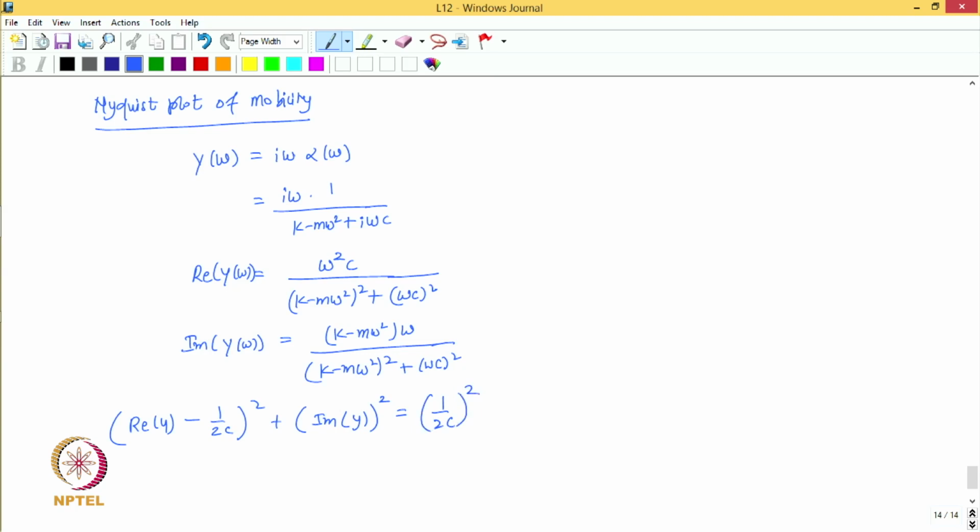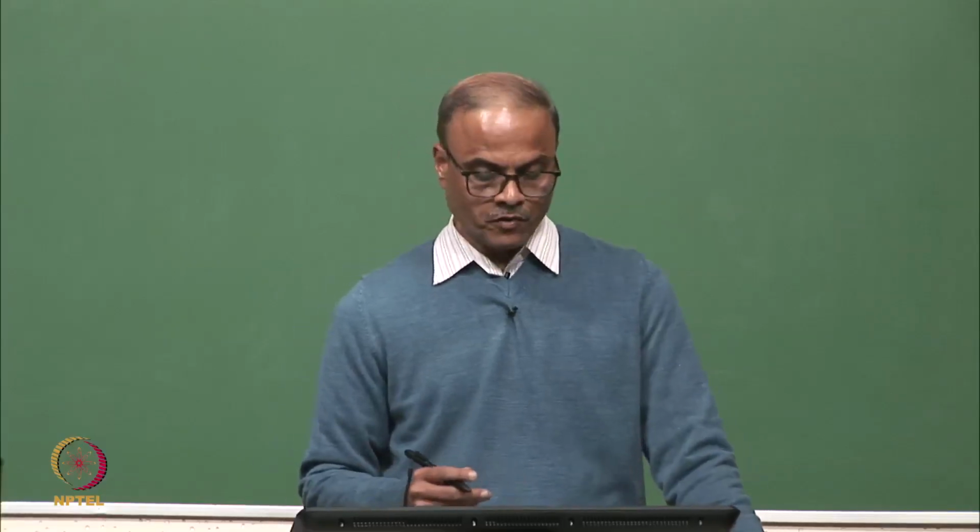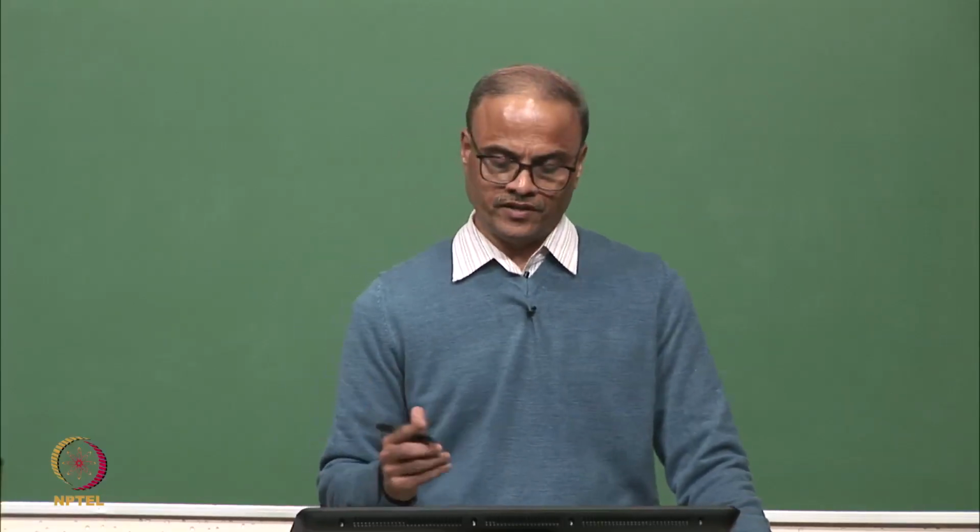So, the real and imaginary parts of the mobility of the single degree of freedom system with viscous damping satisfy this equation, and this equation is nothing but the equation of a circle, with real part and imaginary part plotted on the x and y axes. Therefore, the Nyquist plot of mobility traces a circular trajectory.